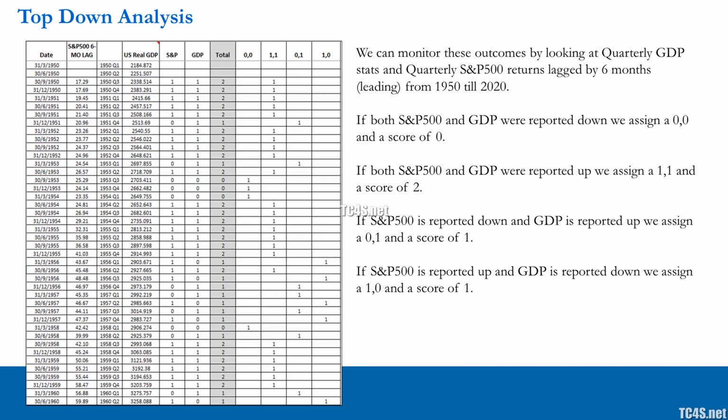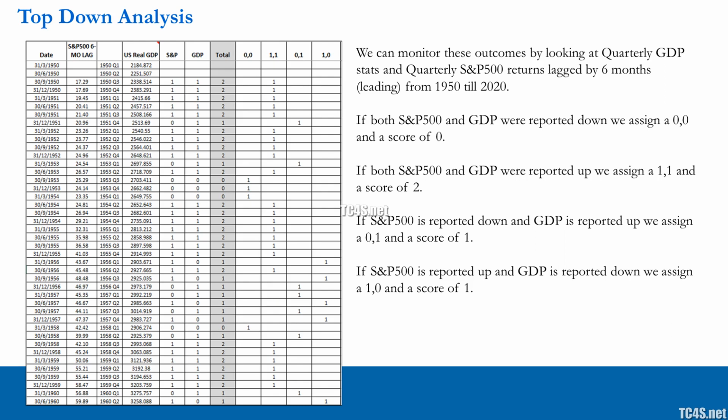If you scan the data on the left-hand side, we just randomly pick a particular quarter. So let's pick Q1 1956, okay? Just about halfway down the page, Q1 1956.